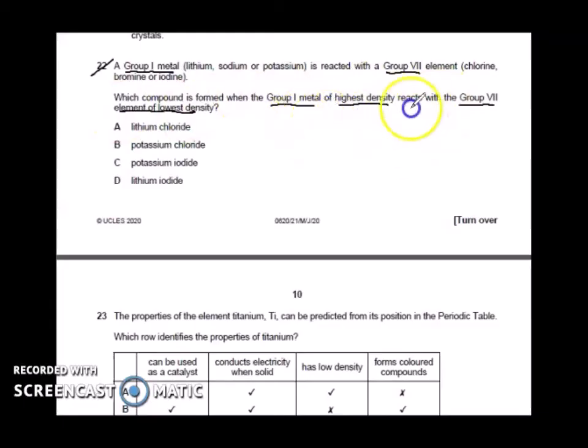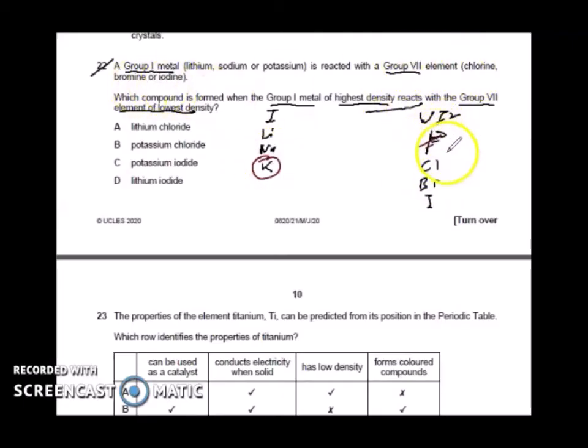So the arrangement for group 7 will be fluorine, chlorine, bromine and iodine. And your group 1 here will be lithium, sodium, potassium. So here is chosen as potassium, and here is chlorine, bromine, iodine.